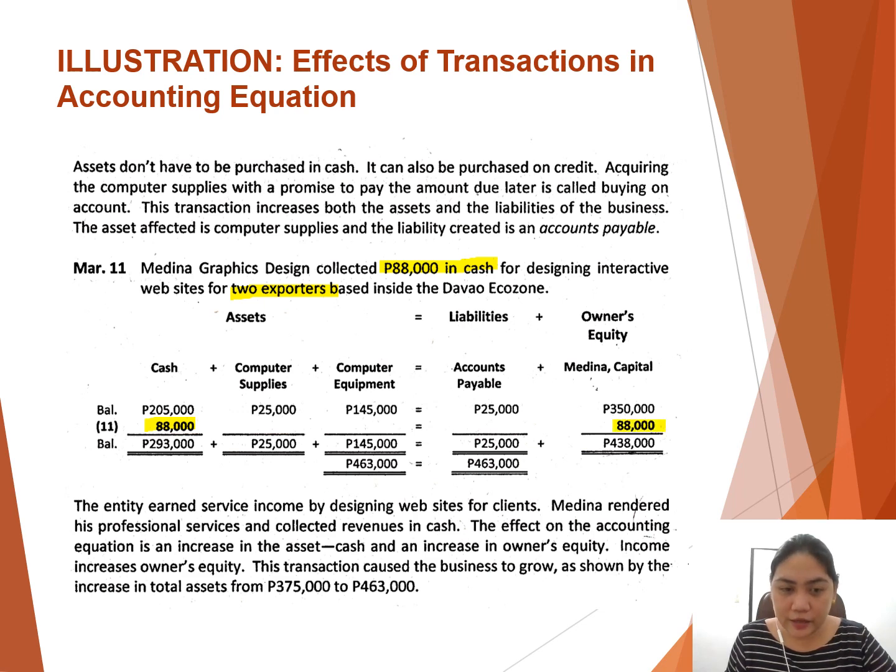At dahil dyan, i-add nyo yan, 293,000 na yan, bring down, kasi wala namang nadagdag, bring down again. Ito, bring down din. Ito, pag-a-addin nyo, 350,000 plus 88,000 is 438,000. Tapos, ito, total nyo ulit. Total yung tatlo. Yan, 463,000 and 463,000. So, nakita nyo, balanse pa rin ang ating accounting equation.